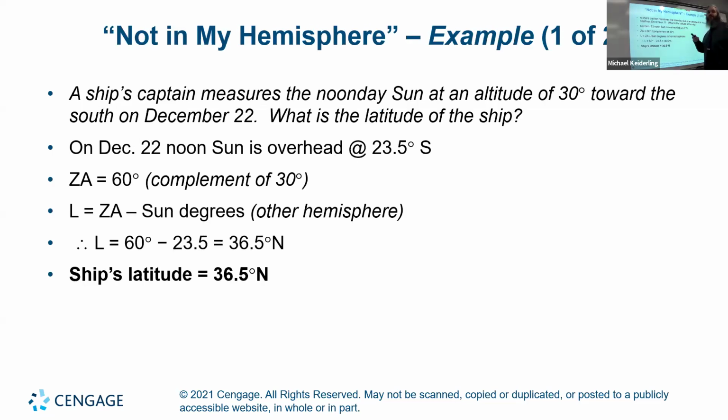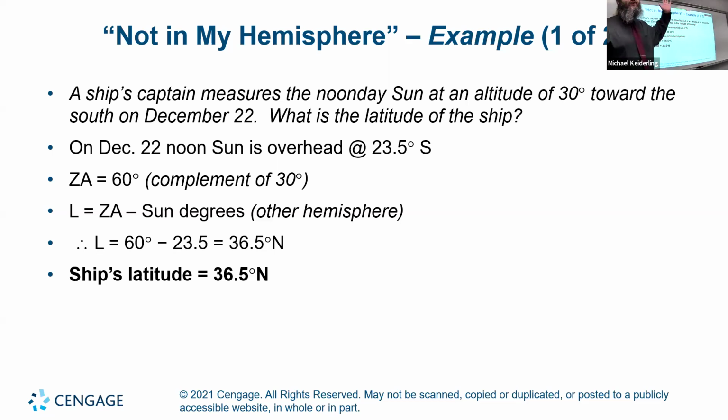So here, for example, a ship's captain measures the noonday sun at an altitude of 30 degrees towards the south on December 22nd. Well, this ship's captain is looking south, so he's north of the sun. And it's December 22nd, so the sun is at 23.5 degrees south.